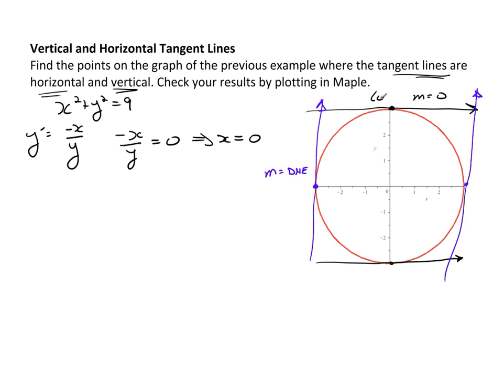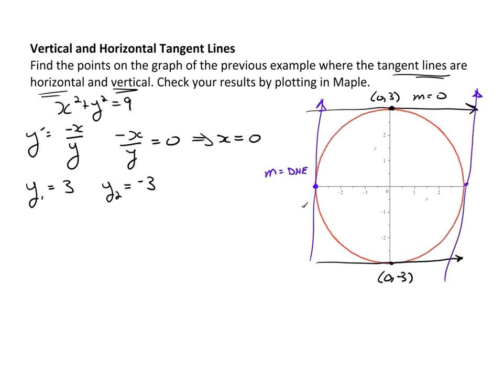This has coordinates (0, 3), and this has coordinates (0, negative 3). So I have two places that I will have a horizontal tangent. So the equations of the lines could be pretty easy. y1, equation 1, is simply going to be 3. y2, equation 2, is simply going to be negative 3.